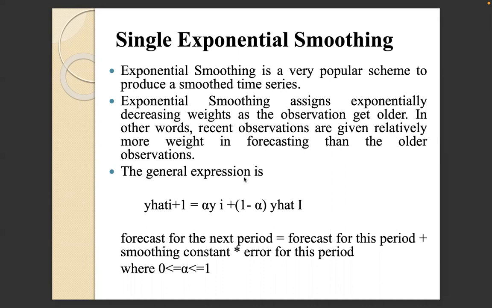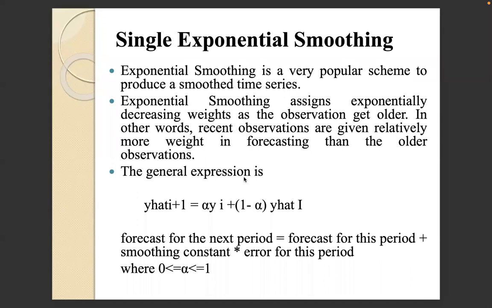Exponential smoothing is applicable if the data has no trend and no seasonal fluctuations, because we are using it for short-term forecasting. Further, it also applies to data with random variations. Have you ever heard of random variations? Data with random variations, or else we call them irregular variations.